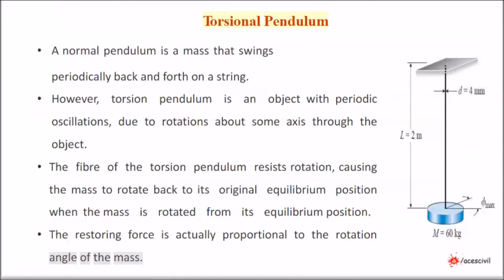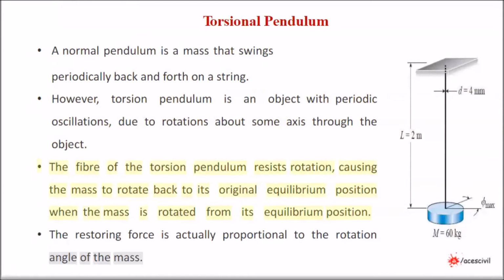Torsional pendulum. A normal pendulum is a mass that swings periodically back and forth on a string. However, a torsion pendulum is an object with periodic oscillations, due to rotations about some axis through the object.